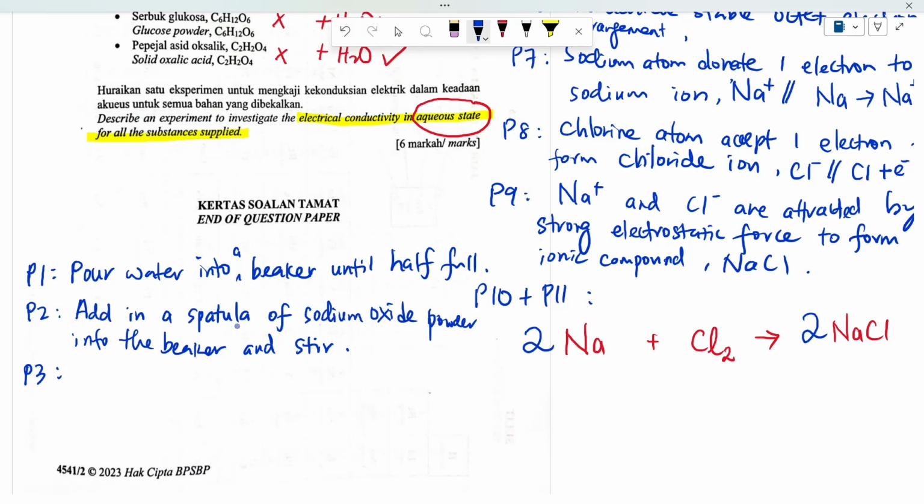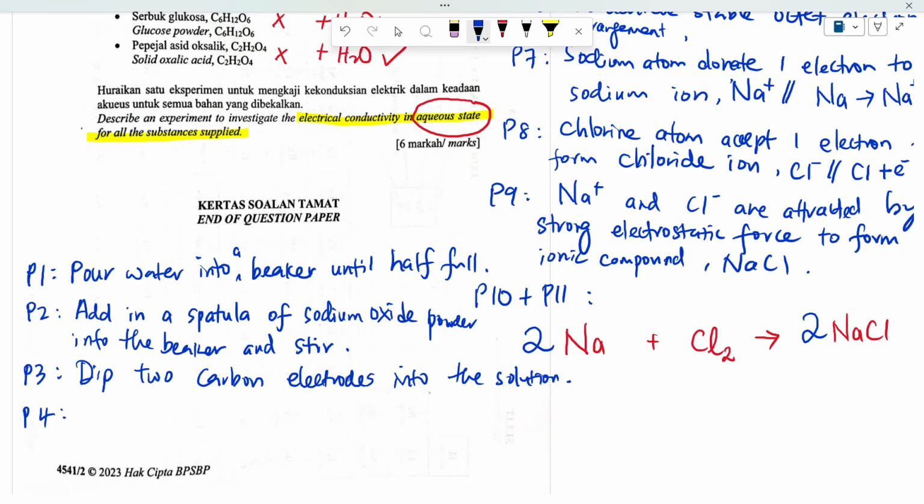After we have the solution, then we can dip 2 carbon electrodes into the solution. And after you have the electrodes ready, then we have to connect the wire. Connect to what?